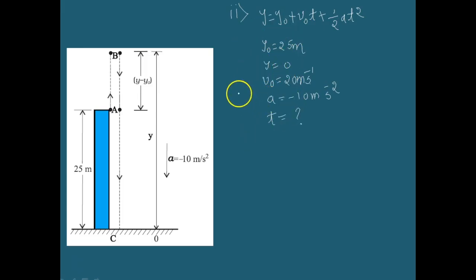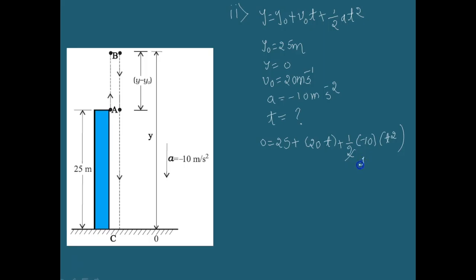Substituting all these parameters in the given equation, y is 0, y naught is 25, plus v naught is 20, and we should calculate the value of t, that is half into minus 10 t square.